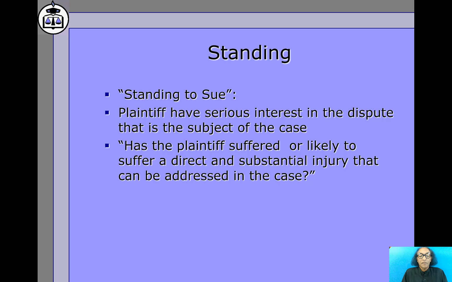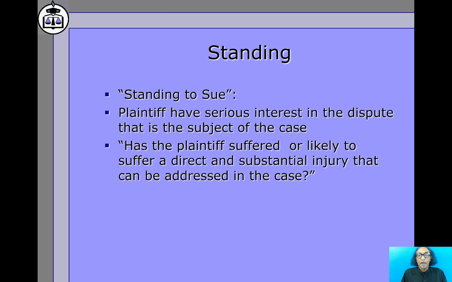Now, before any lawsuit is filed, particularly in a civil case, but also in a criminal case, one has to have something called standing. Standing is a legal concept, which means that the person injured, in this case the plaintiff, has a serious interest in the dispute, or has suffered or is likely to suffer a direct and substantial injury that can be addressed in the case.